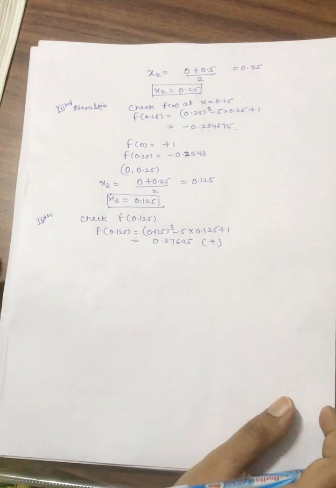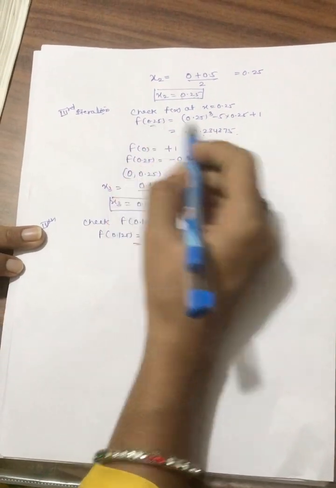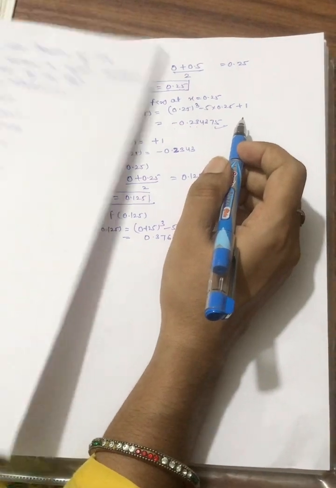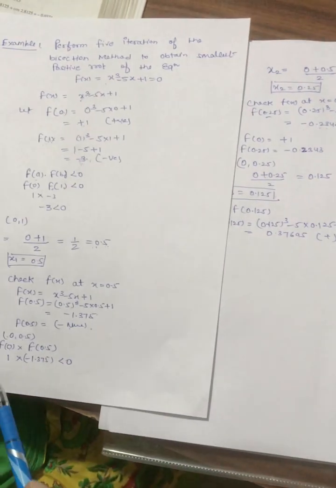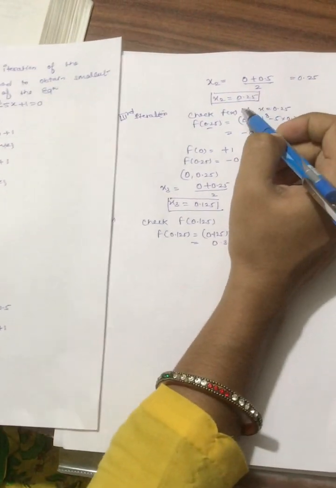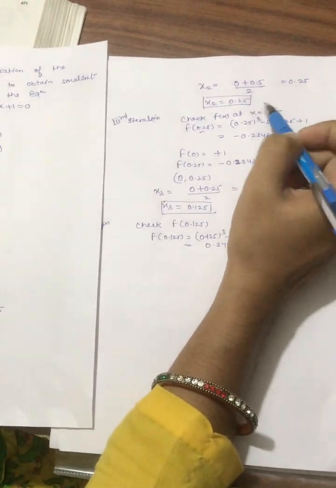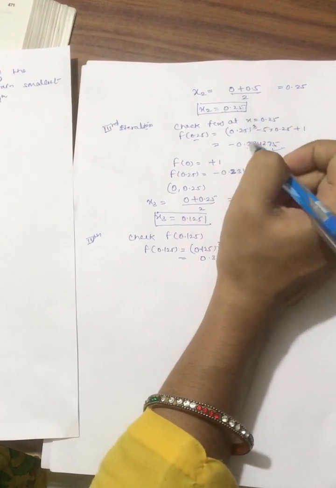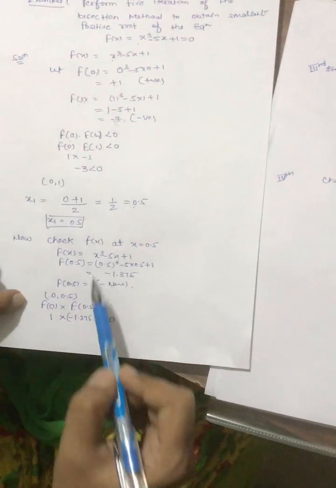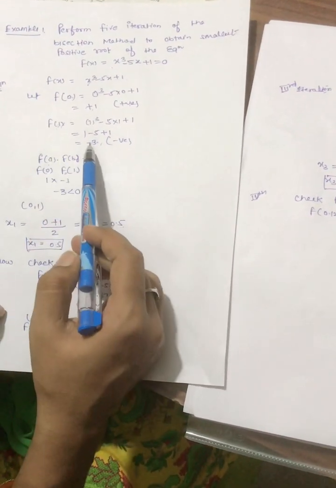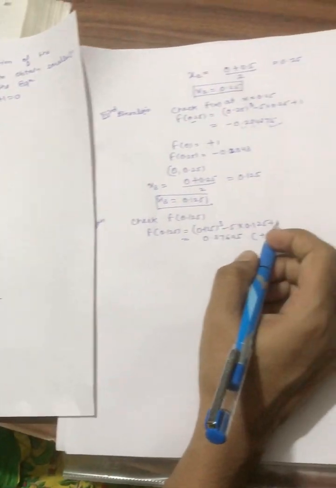So the negative value at the point f of 0.25 is also negative. At the point x2 it is negative, at the point x1 it is also negative, and at the point 1 it is also negative, while at the point 0 it is positive. So you have to choose the negative.